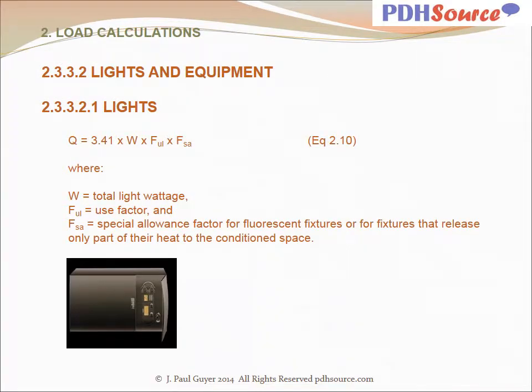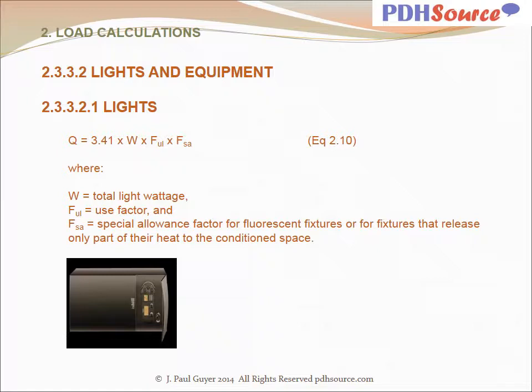The second major source of internal load that needs to be taken into account in calculating the cooling load for a building is that due to lights and also equipment. Lighting in buildings is a significant source of internal heating.